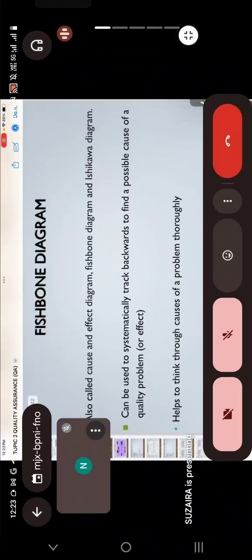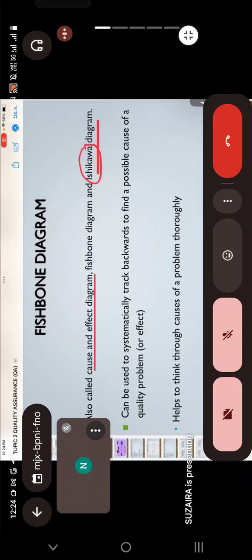Okay, as I mentioned to you, the fishbone diagram. We have like 3 names for that. The Ishikawa diagram, because it actually originated from this philosopher Ishikawa. And then we also call this fishbone diagram a cause and effect diagram, because it measures the cause and the factors that contribute to a certain problem.